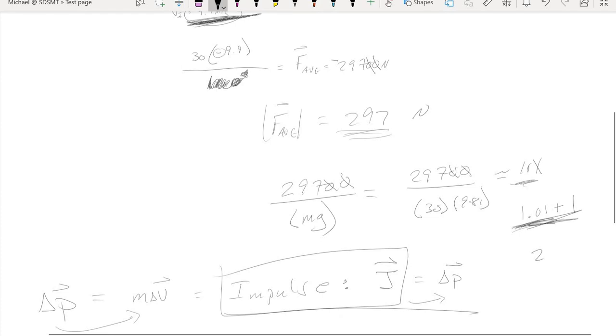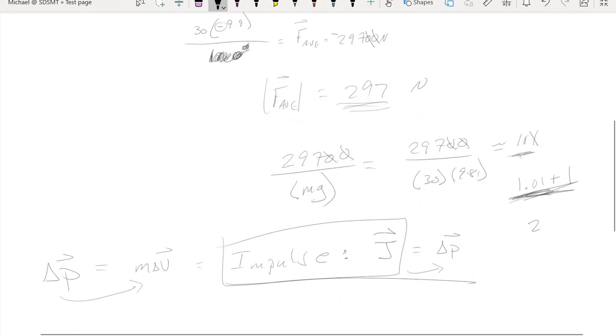And feeling twice as heavy for about a second, it's going to be uncomfortable. It might produce a little bit of pain in your knee or in your back for a little while, but it's something that you can deal with. It's probably not going to cause you irreparable damage to your body. It's probably not going to cause you to have to go to the hospital or spend months and months of rehab time.